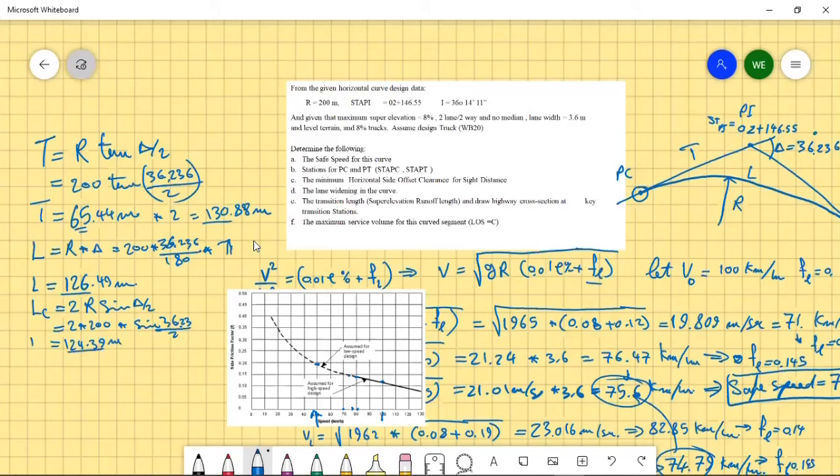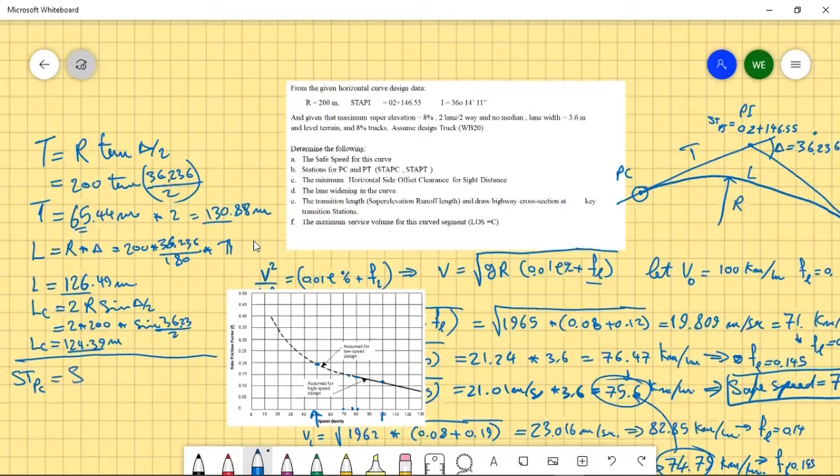So you can see now the relationship between the chord length, the curve length, and double the tangent length.